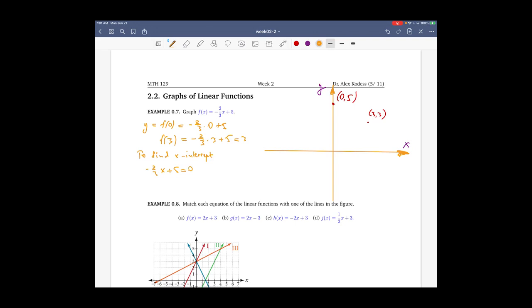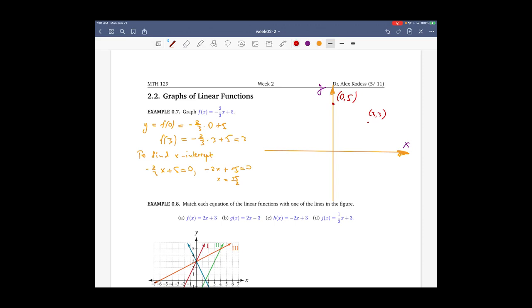And clearly if I multiply by 3, I get negative 2x plus 15 equals 0. So 2x equals 15, x equals 15 halves.